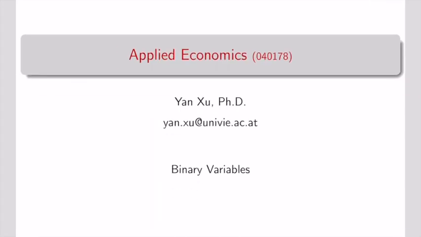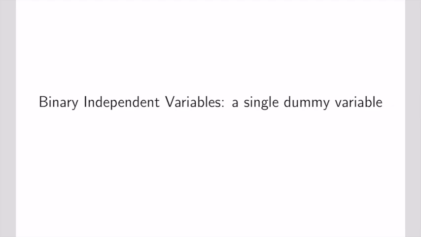Welcome back. In the previous video, we've already seen that when the dependent variable is binary, the error term is heteroscedastic. In this video, we will formally learn how to deal with heteroscedasticity in OLS regression.